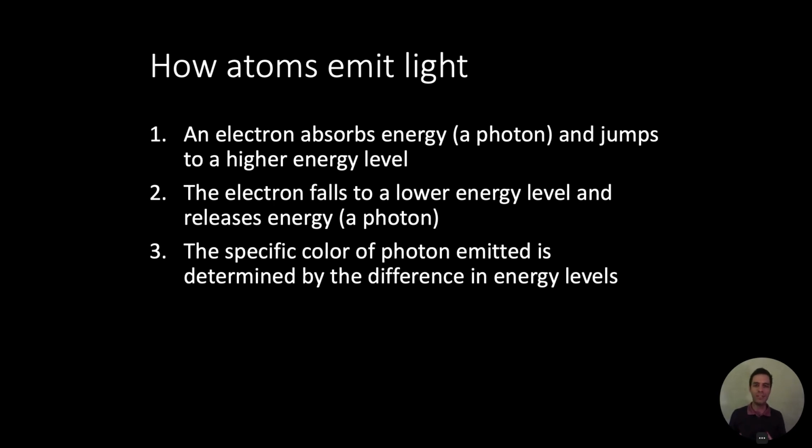The amount of energy that is gained or lost by the electron will determine the color of the photon, because different colors of light have different amounts of energy. So the electron can release a red amount of energy or a green amount of energy, depending on the difference in energy levels. That's how atoms emit light.